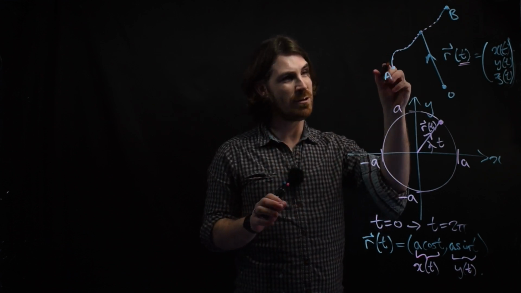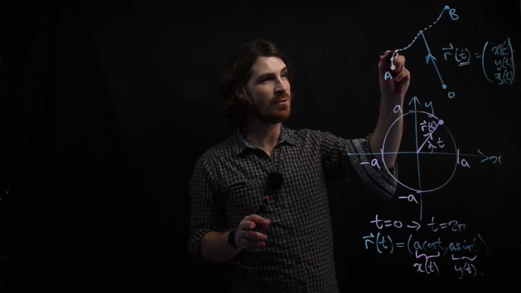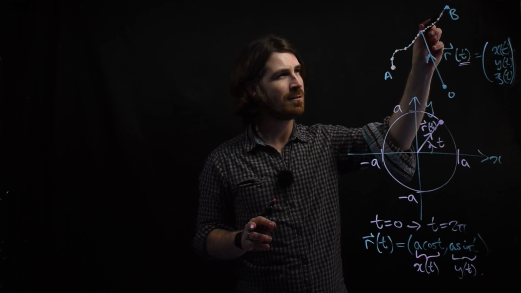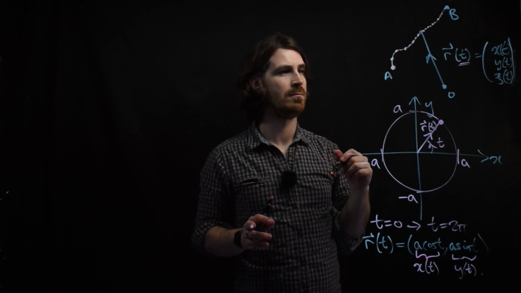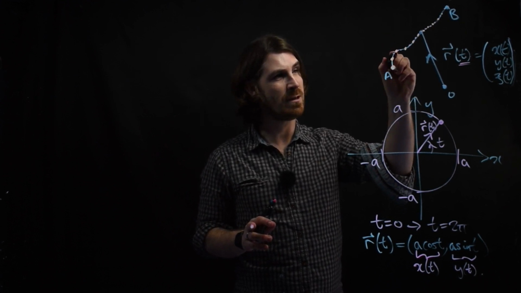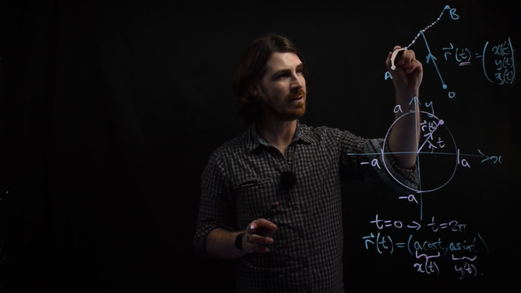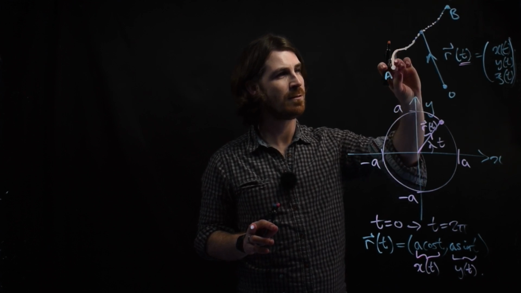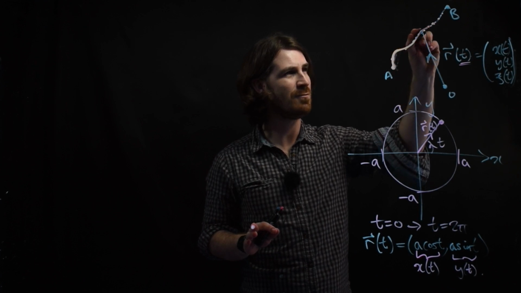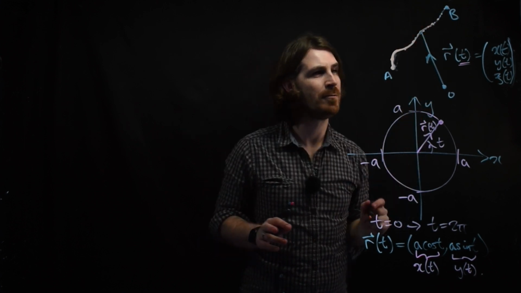If we start at point A, then each of these points is uniquely defined by the distance they lie from point A. So this point here is this distance from point A. This point here is this distance from point A. This point here is the length of this section from point A, and this point here is the length of this section from point A, etc.